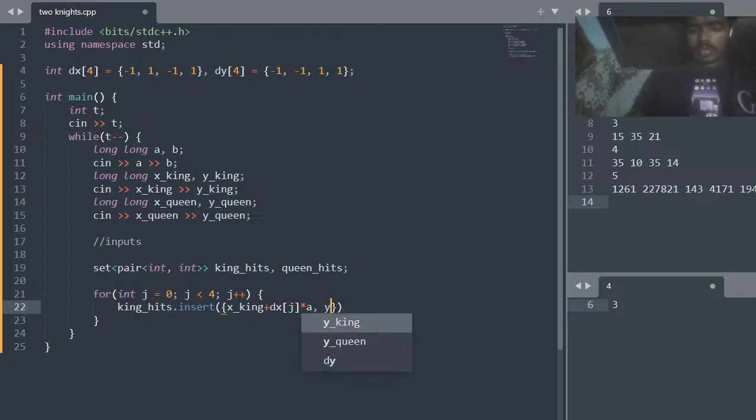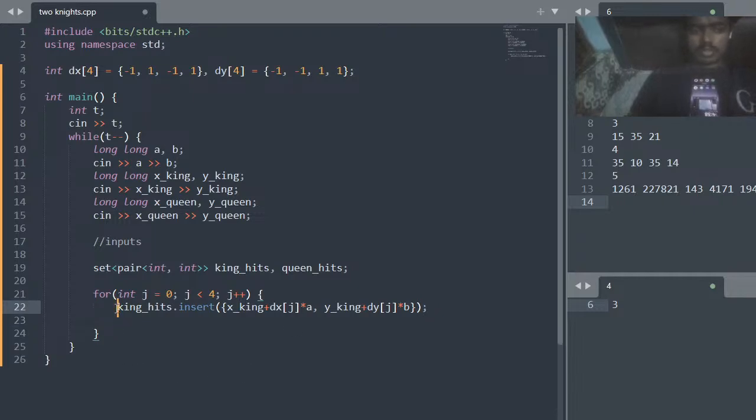And then king plus dy j into b हो जाएगा, right? This is triangle log 2b, that's why I'm writing, right?